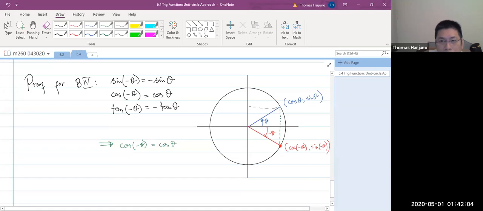You see that the y value for the coordinate associated to negative theta is the same length here, but opposite. So we get sine negative theta is equal to the opposite of sine theta. That's how we prove it. So I prove it by pictures.